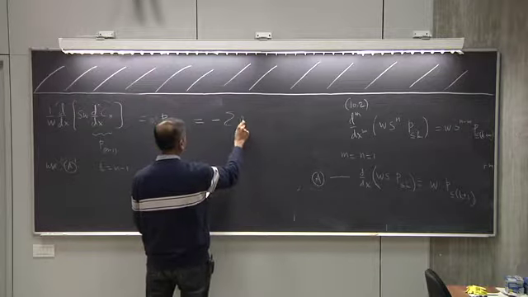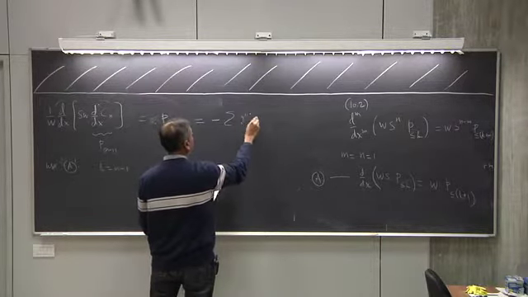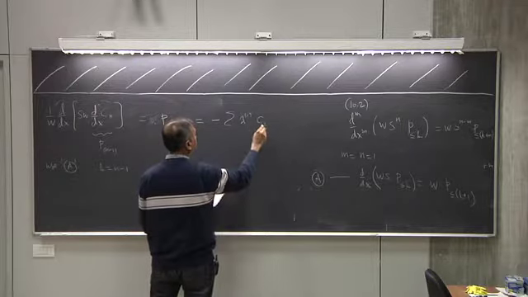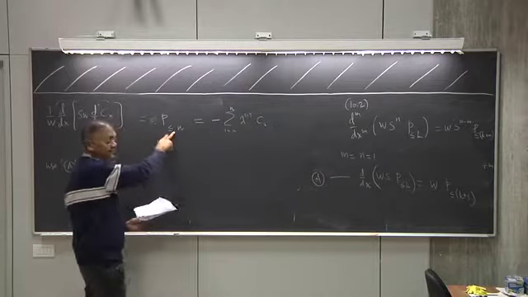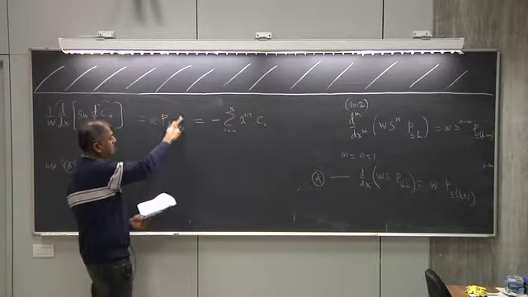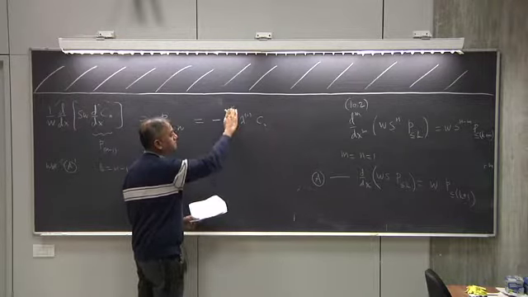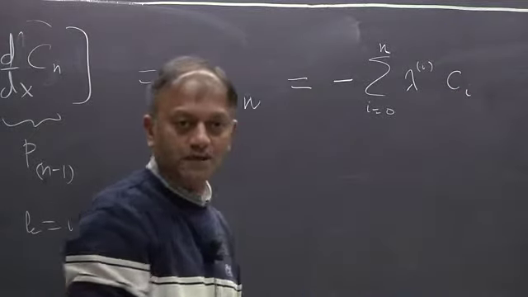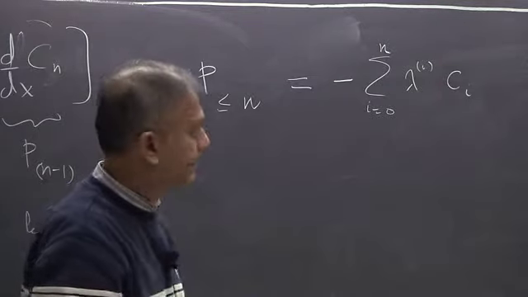So let me take some coefficients, lambda i, ci, where i goes from 0 up to n, because the maximum polynomial is nth degree. So I can always expand this polynomial in terms of the first n plus 1 orthogonal polynomials. You can always do that, right.